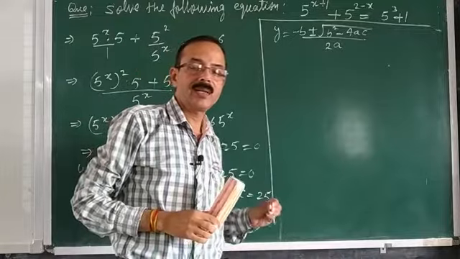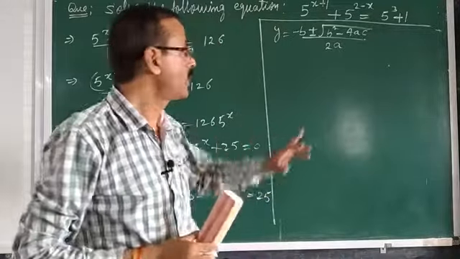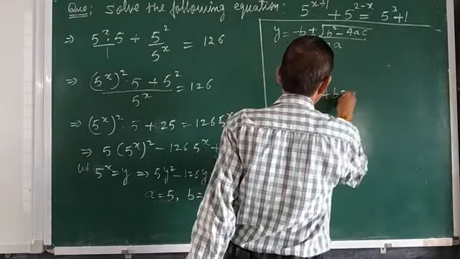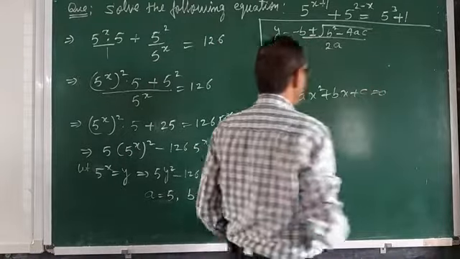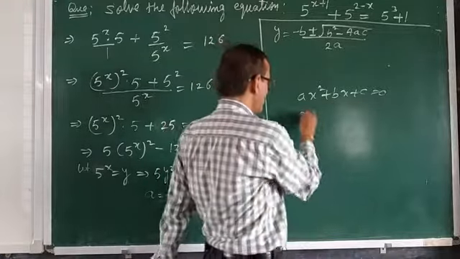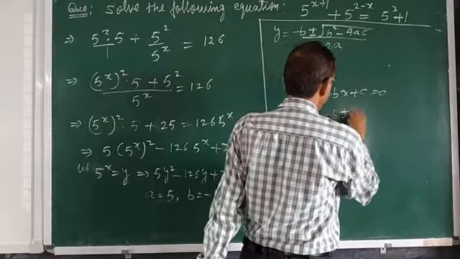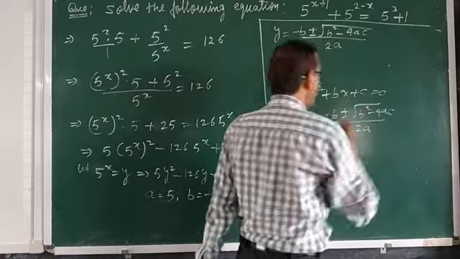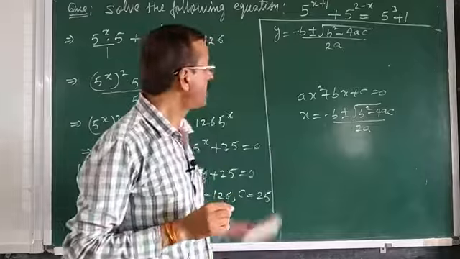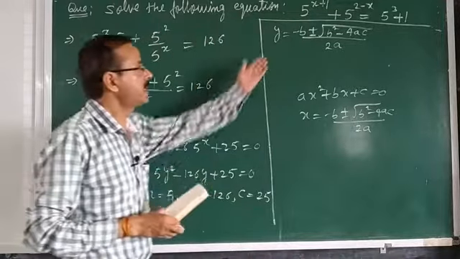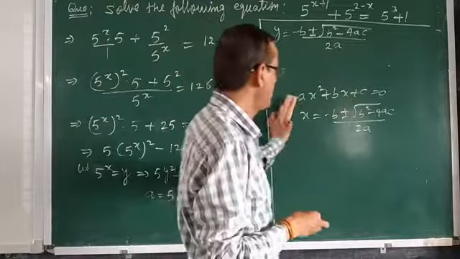Because if the quadratic equation is in the variable x, we write x, like x squared plus bx plus c is equal to 0, then x is equal to minus b plus minus under root b squared minus 4ac whole upon 2a. But this is in the variable y, so we write y is equal to that.